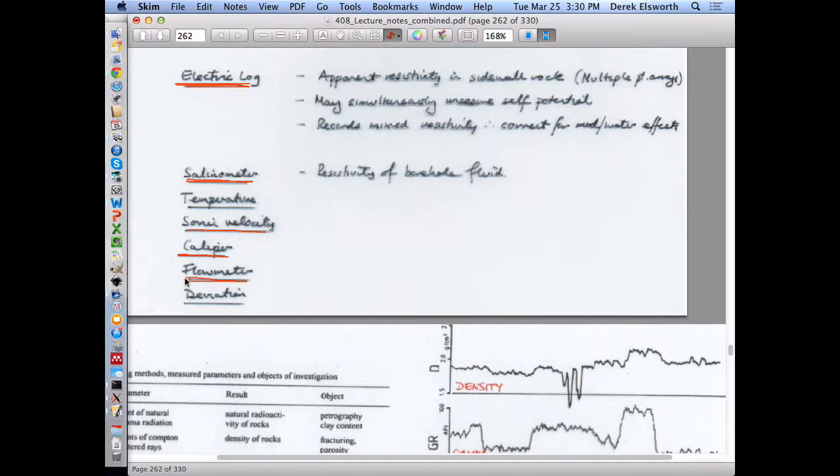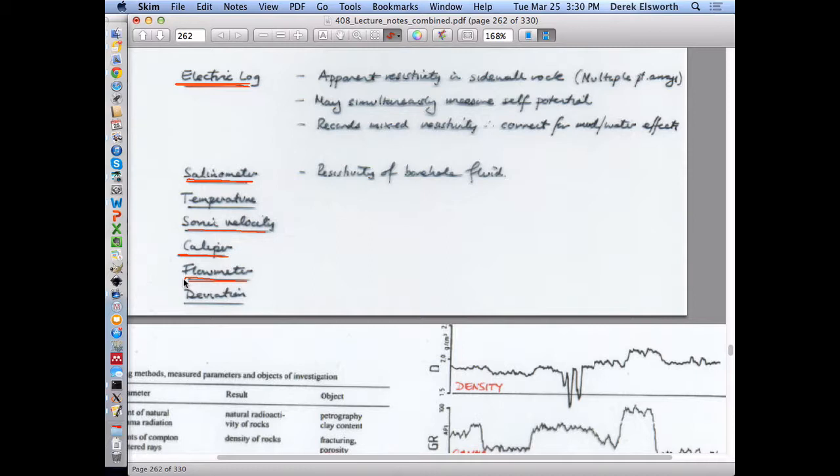A spinner log is something that just has a tiny little impeller on it, like a torpedo. Instead of a torpedo being driven by the impeller at the back, moving at some fast rate, here the torpedo is the sonde that's dropped down the borehole. As it goes down, it pushes through the fluid, and the impeller is activated. You run it down the borehole, measuring the velocity of that impeller as it goes down.